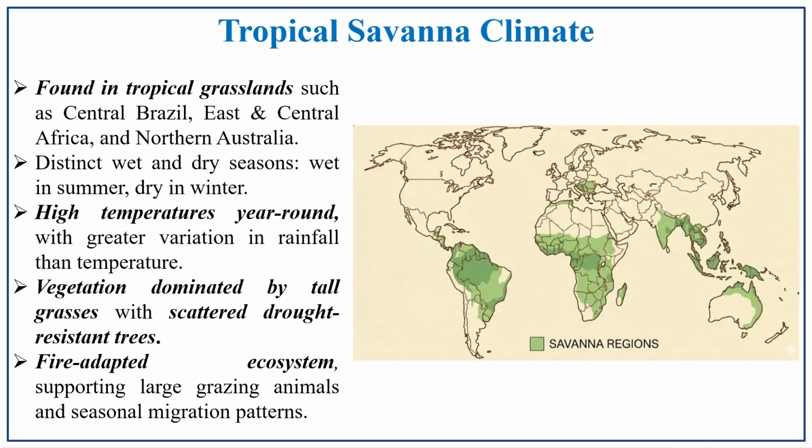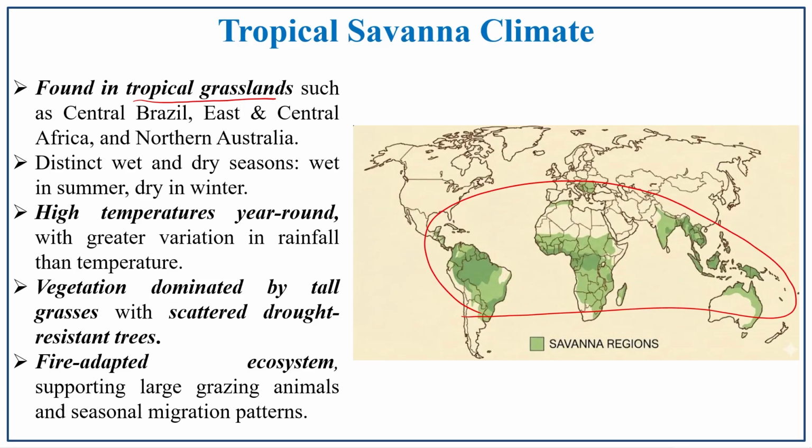Next is the tropical savanna climate. The tropical savanna climate is found in the tropical grassland. In the map you can see the regions distributed under this savanna climate: Africa, North Australia, Central Brazil, East and Central Africa all belong to this particular tropical savanna climate.